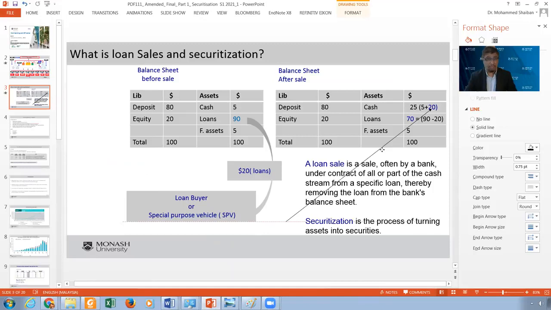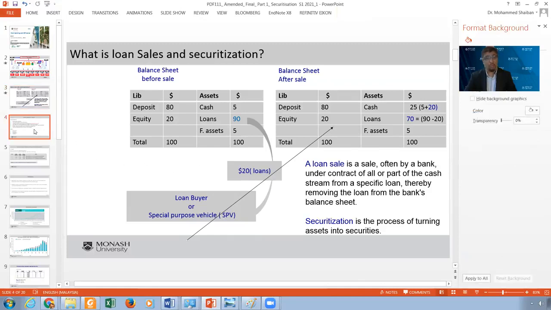If I am under liquidity stress, I can also pay it back to depositors if I want to decrease my reserve. By selling these loans, I'm taking the loan with all its problems out of the balance sheet, including the credit risk. But the most important thing is the interest rate risk.